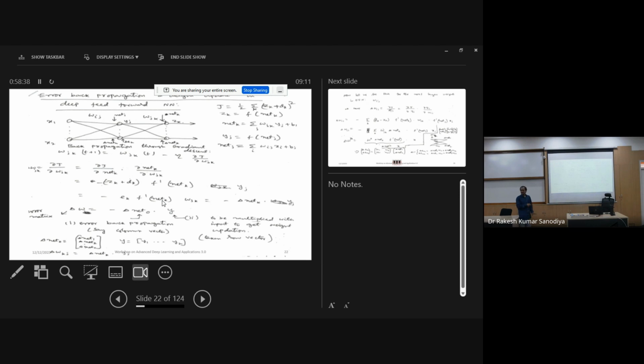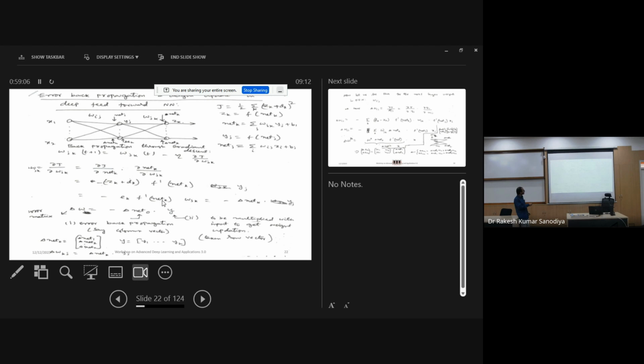How do I get it? Verbally, after doing all derivations, I take the input from here, take the error at this location, and multiply both of them; that will be the delta w. So to find dou E by dou w, that is delta w, to update this weight, up to here I might have back propagated.